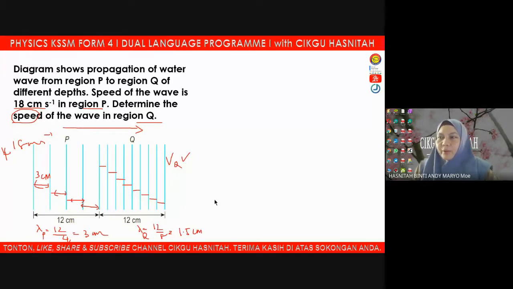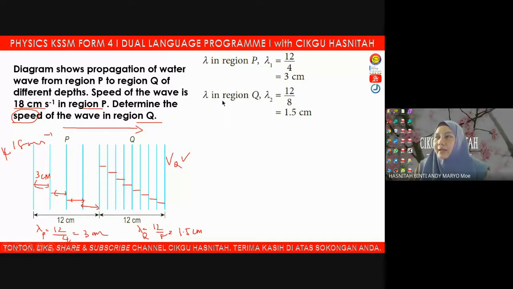Yes, 1.5 lambda Q. So again, this is the method of finding the wavelength. First we find the wavelength. The wavelength in region P, lambda 1 or lambda P, is 3 centimeter. In region Q, we can label it as lambda 2 or lambda Q, and it is 1.5 cm.